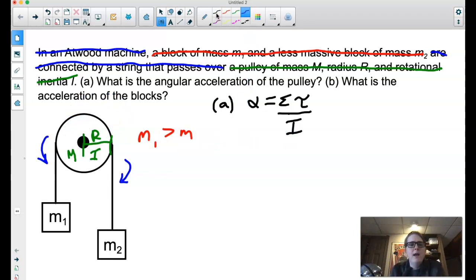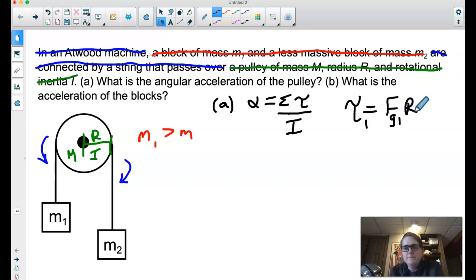Now, I know that each of these torques is going to be equal to the force of gravity on that block times its distance from the center of the pulley.